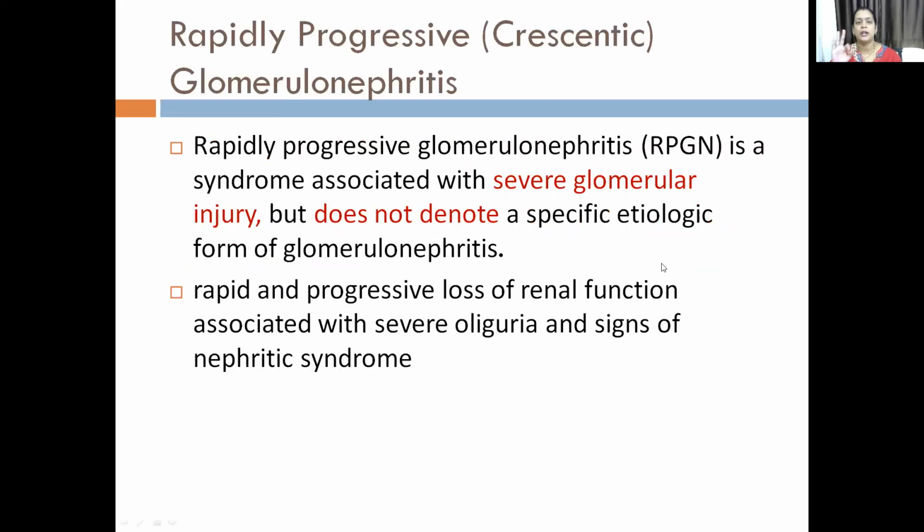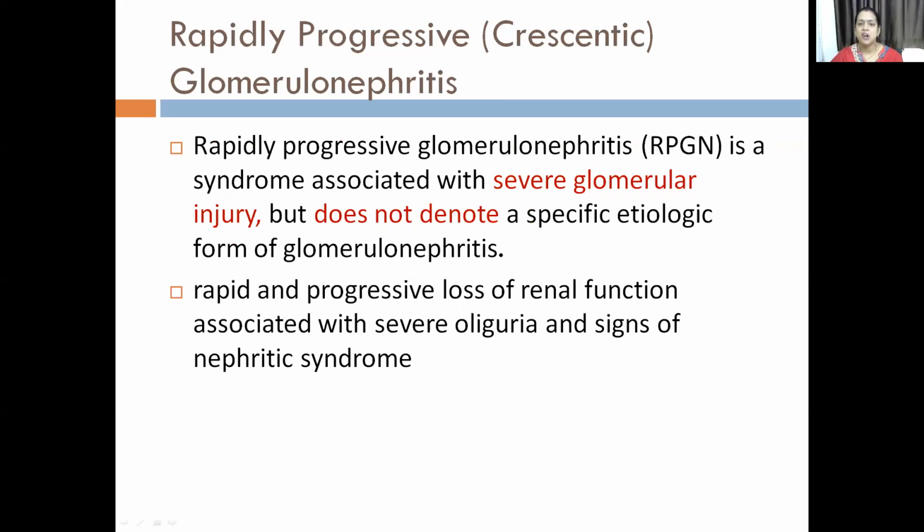So the third one, after acute streptococcal and acute non-streptococcal or post-infectious, we came to the end stage of acute glomerulonephritis, that is rapidly progressive glomerulonephritis, usually a severe form of disease that progresses within hours to days, and this does not denote a specific etiological form of glomerulonephritis.